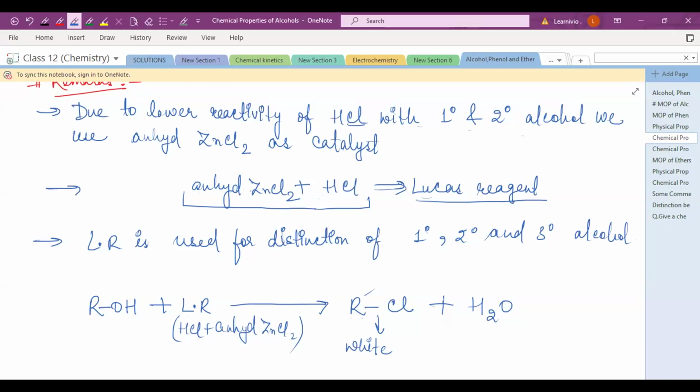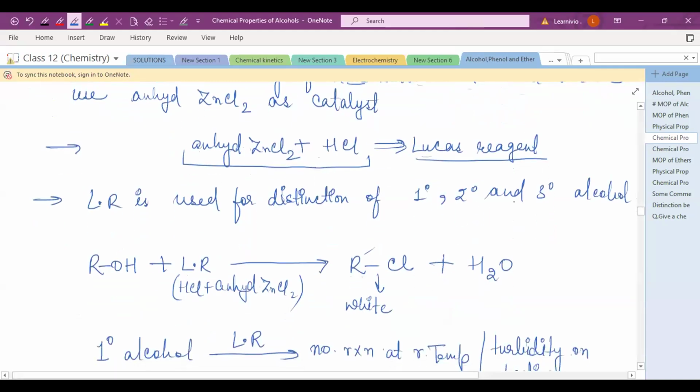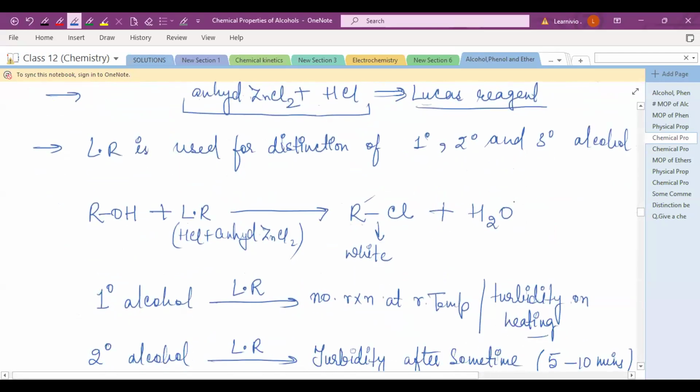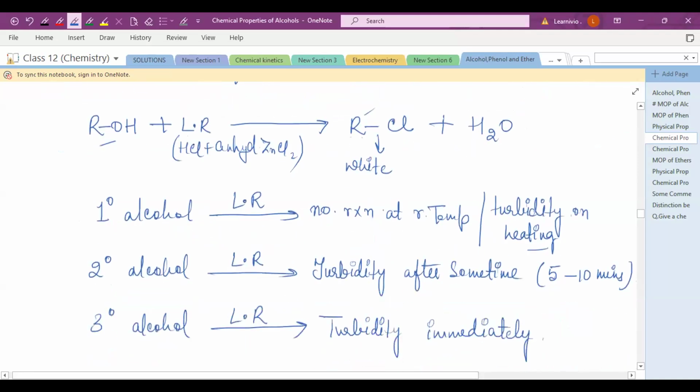We just do this test, the Lucas test, using Lucas reagent, meaning HCl plus anhydrous ZnCl2. When you treat the alcohol with Lucas reagent, it will form RCl, your alkyl chloride, and alkyl chloride is white in color. Basically, you will get a white precipitate in your test tube.